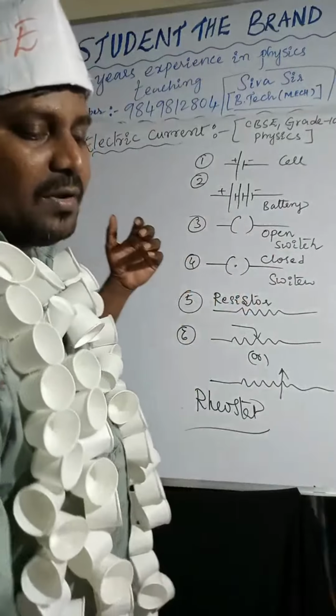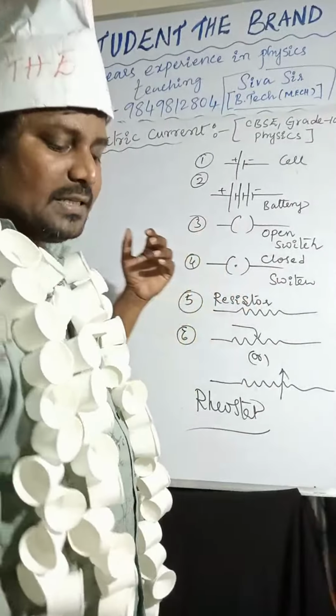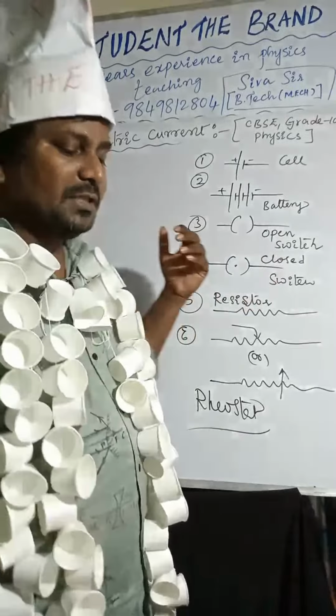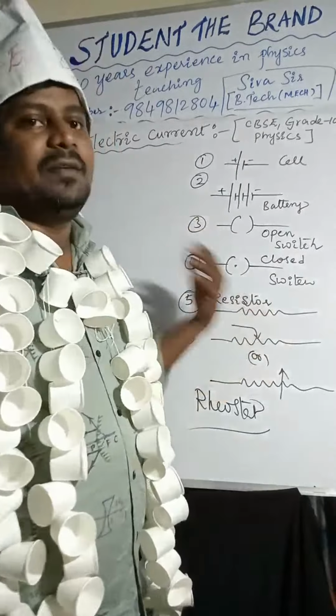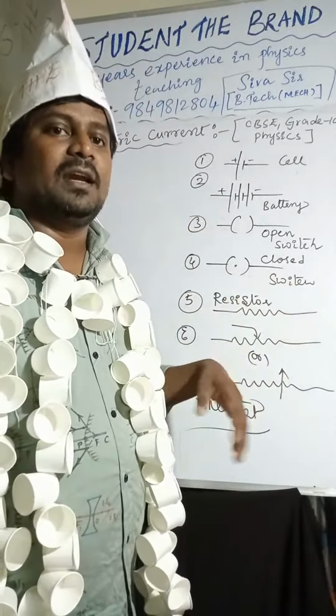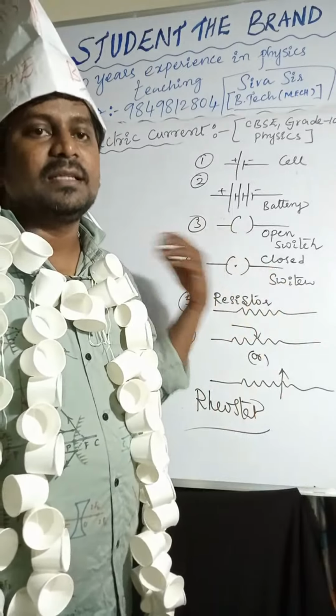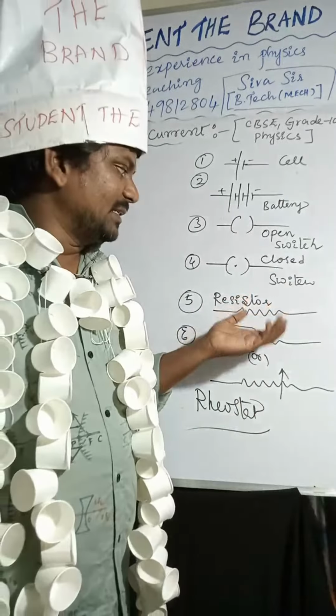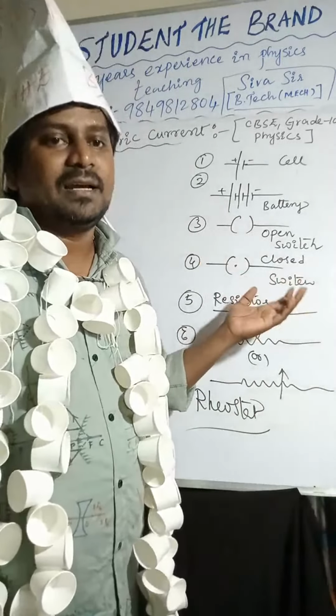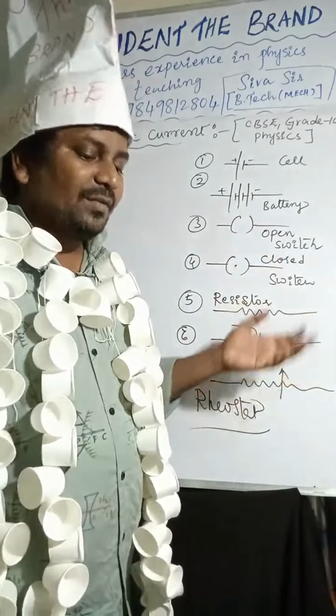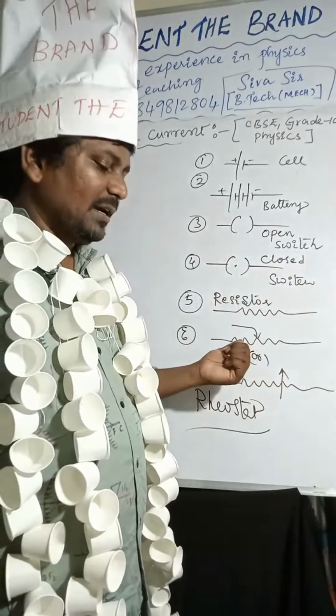Resistance is the phenomenon of opposing the electric current. A resistor is a device which is used to oppose the electric current, and resistance is the phenomenon of opposing the electric current in the circuit.